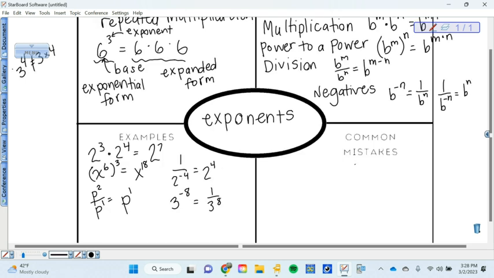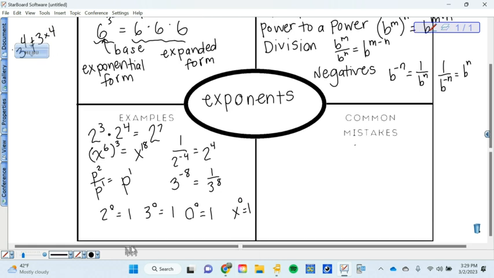Okay. So if I have 2 to the 0, that equals 1. 3 to the 0 equals 1. 0 to the 0 equals 1. X to the 0 equals 1.